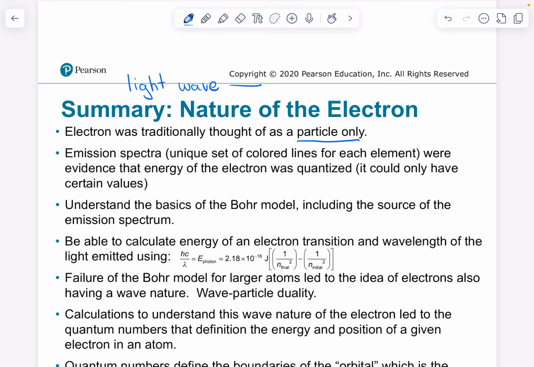And then we start thinking of it as also a particle. So this is the idea of photons. And as part of that, we need to be able to calculate wavelengths and frequencies, and then also energy. Okay, so you will be expected to do those types of calculations.